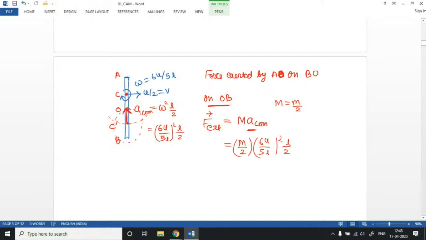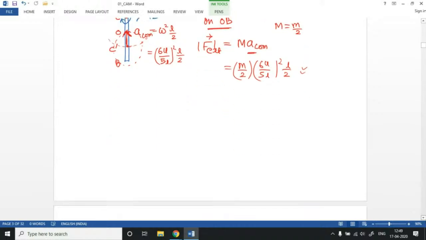So we have been able to find the force exerted by the upper half on the lower half. Calculation you can do on your own. This is the magnitude of the force, and this force is directed towards C at this instant. So this was one problem where we had an application of the principle of conservation of angular momentum.